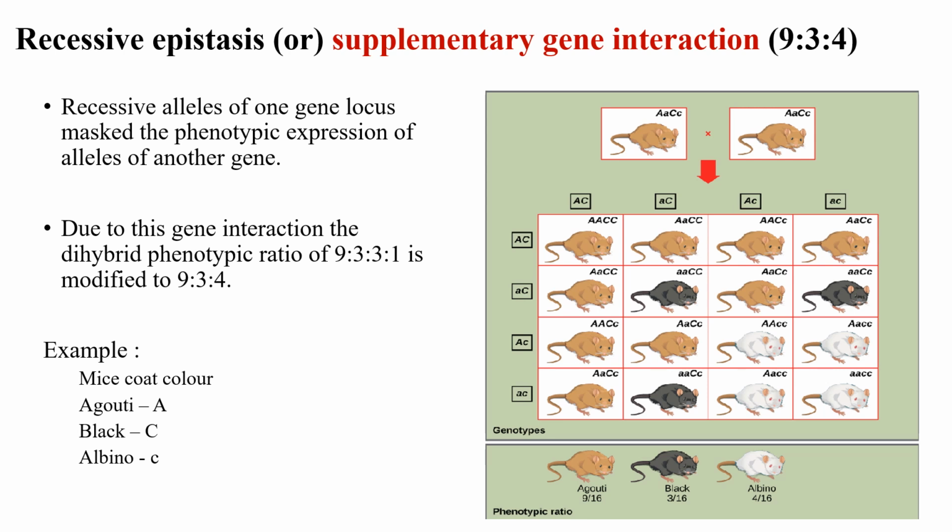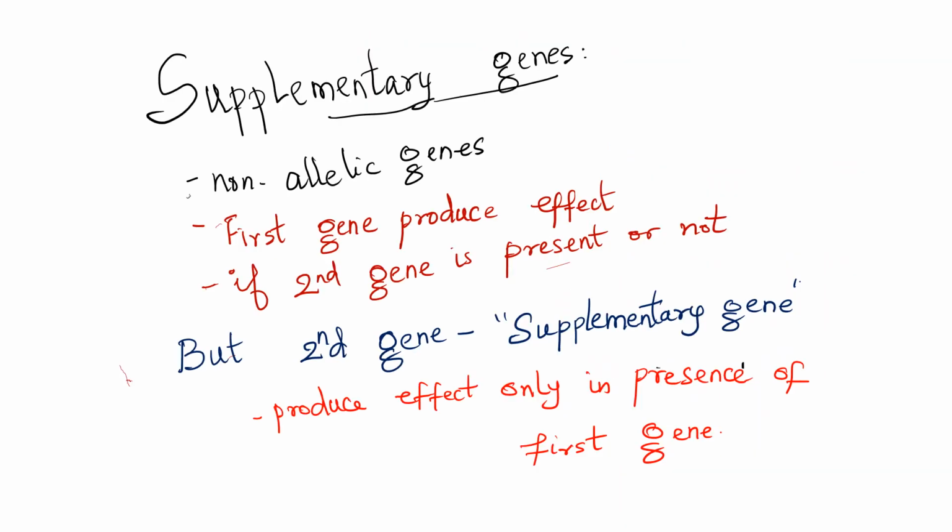Recessive epistasis is also known as supplementary gene interaction. What is a supplementary gene? Here they are non-allelic genes, that is, two genes.